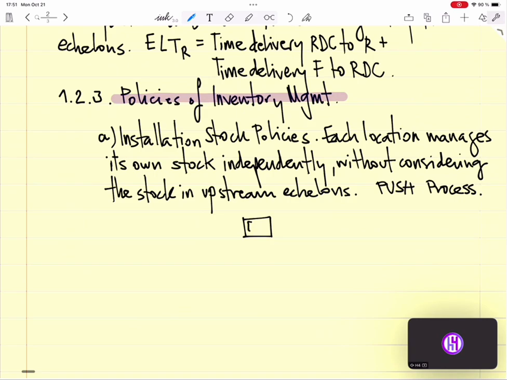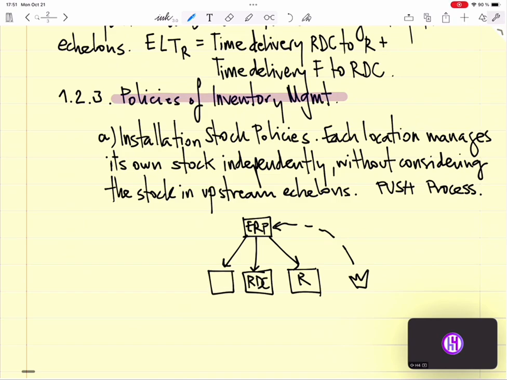Sometimes we have some ERP system, and the ERP system is given information from customer demand, and this customer demand is being forwarded to the distribution center or the factory.